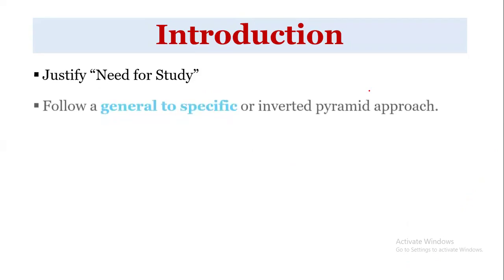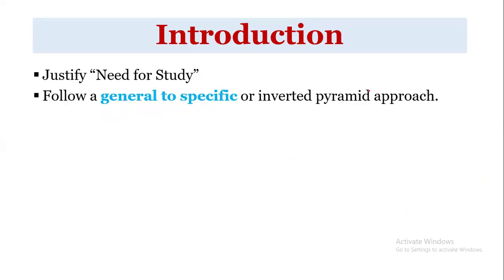Okay, the second and main part of the research proposal is the introduction or the background. The first point is that you have to justify the need for the study in this section, that is, why you are planning to perform this particular research, and you have to answer each and every question which a potential evaluator can raise.